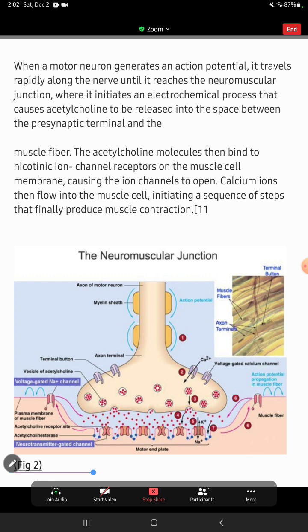Calcium ions then flow into the muscle cell, initiating a sequence of steps whose final product is that the muscle contracts.